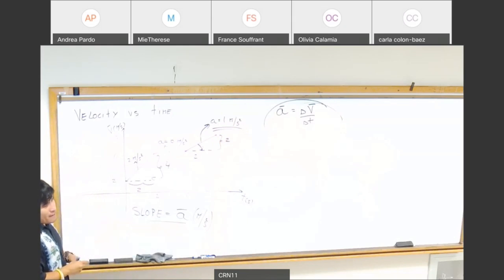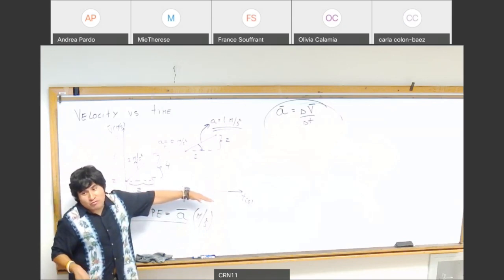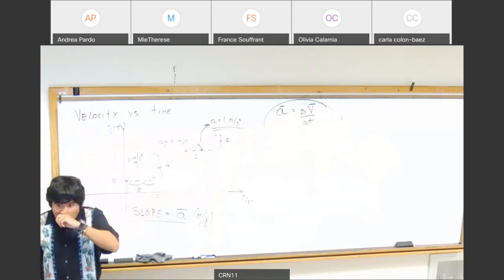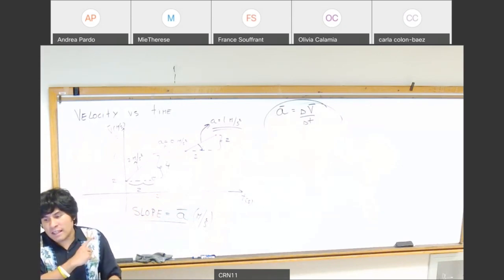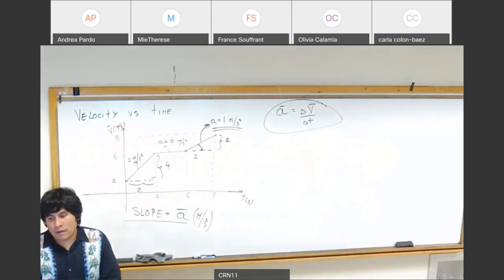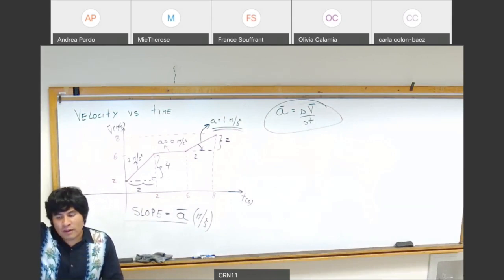If you want to go a bit further, I will show you now with a more simple graph that you can also get distance and displacement. To do that, you will need to find the area under the curve. If you compute the area under the curve, you can find the distance, and in that case, it's the same as displacement, because it's all above the x-axis, so it's always going in one direction to the right.